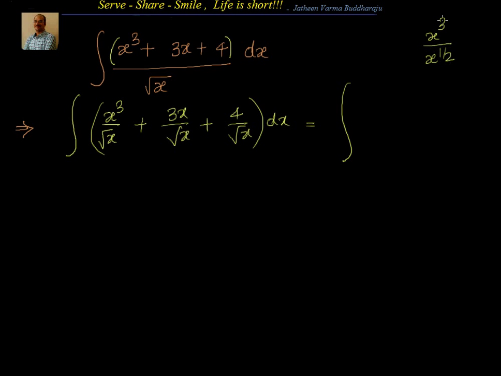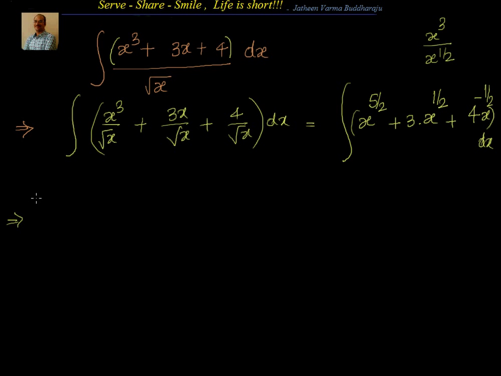If we apply the a to the power of m by a to the power of n formula, I will get x to the power of 5 by 2 plus 3 into x by root x, that is x by x to the power of 1 by 2, that is x to the power of 1 by 2, plus 4 into x to the power of minus 1 by 2. This whole we have dx on top of it.